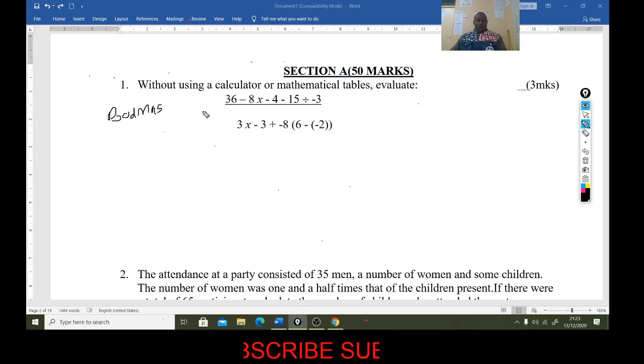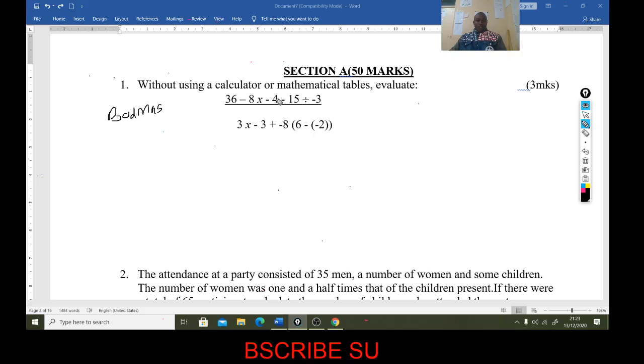So, in our numerator, we start with the division and multiplication. Negative 15 divided by negative 3 gives you positive 5.